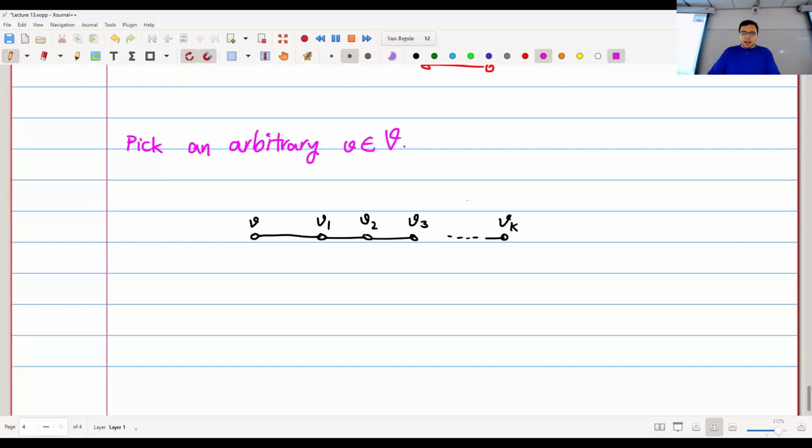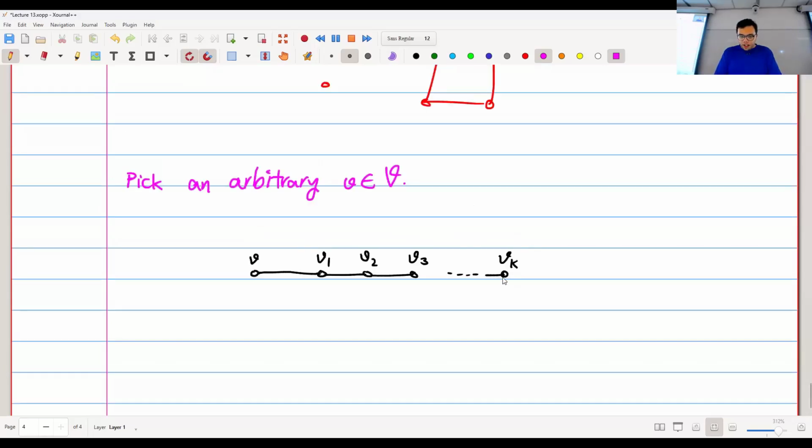Now, I look at this VK, and suppose that it has an edge that goes back to one of the vertices in my path. Would this be possible? Can VK, for example, have an edge to V2? No, because the degree of V2 becomes more than 2.